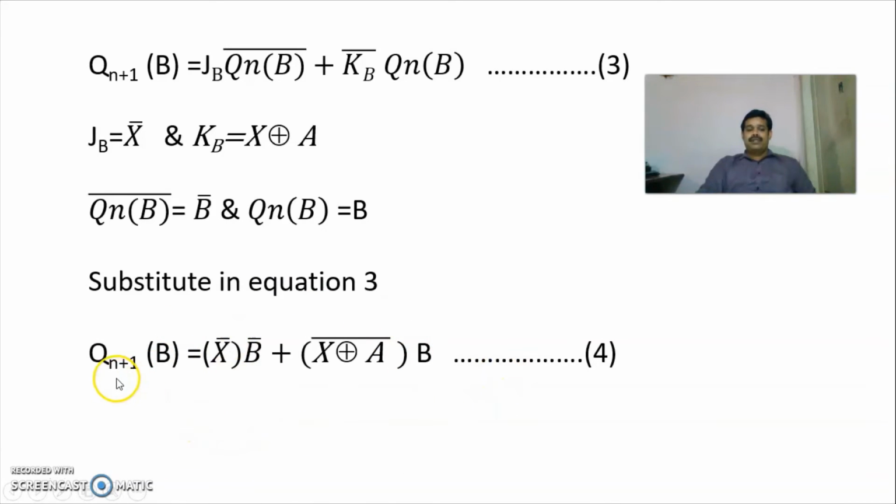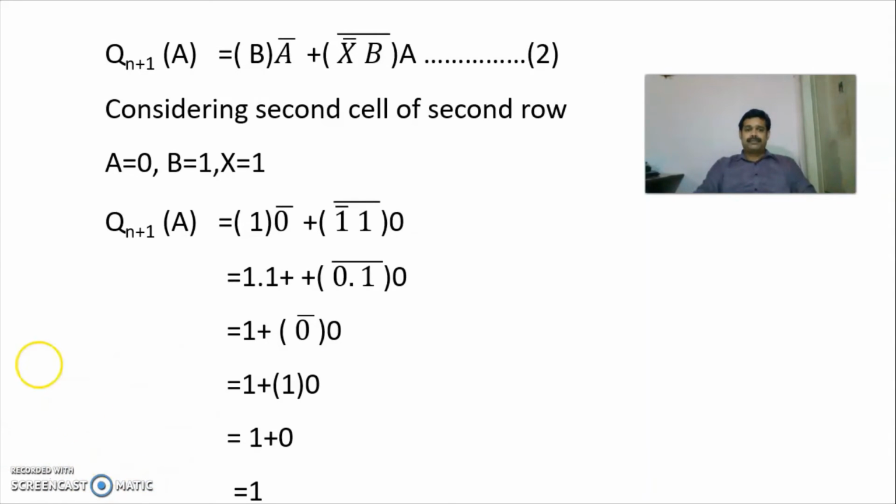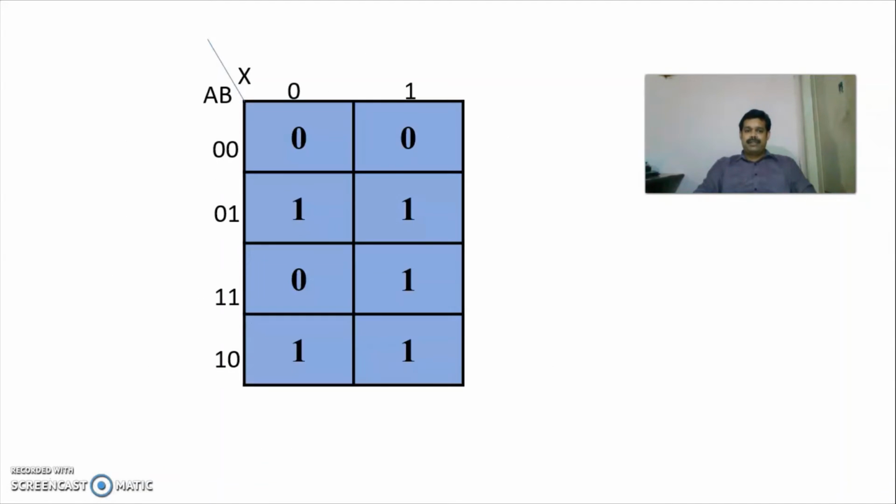So now we have found out the next state equations for A and B. Now we have to consider a three variable map. Okay, I will show.